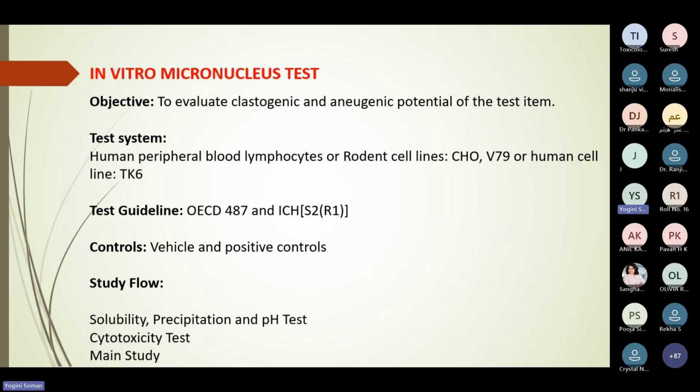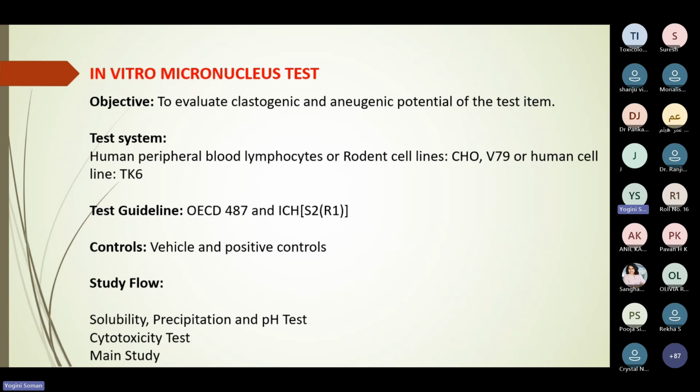Now you are going to test five different concentrations ranging from 2000 microgram, that is 2 mg, 1000 microgram per plate, 500, 250, and 125. You add the test concentrations in the plain media and check the precipitation. If there is a heavy precipitation, then that dose should be rejected.